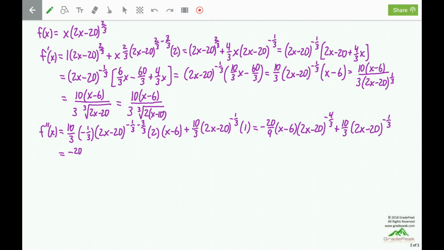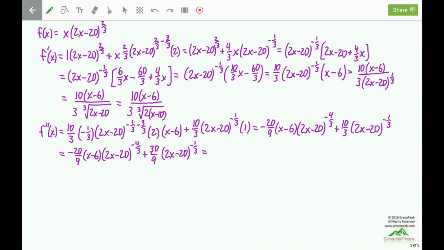So we have a negative 20 over 9, x minus 6, and 2x minus 20 to the negative 4/3 power, plus multiplying by 3 over 3 will give 30 over 9. This makes it easier to factor out from the denominator. We can factor a 9 out from the denominator. And then the 2x minus 20 to the negative 1/3 power.